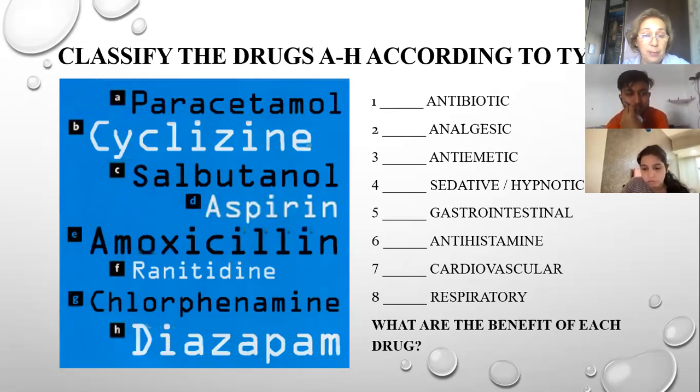Antiemetic. What does it mean, antiemetic? This is the drug that prevents nausea. Yes, nausea. And which one? Cyclizine. Yes, cyclizine can prevent nausea.